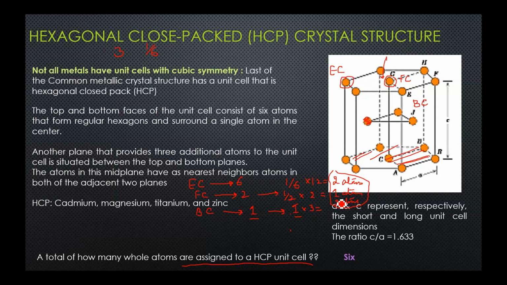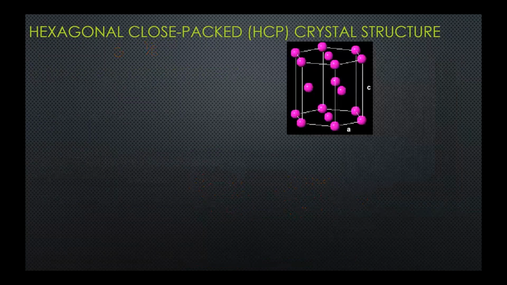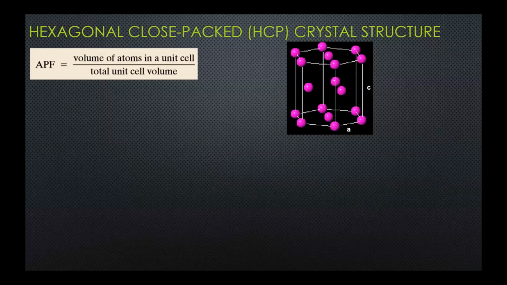All right. Moving on, we have to find out the atomic packing factor for the HCP crystal structure. Atomic packing factor, as I had mentioned earlier, is the volume of atoms in the unit cell divided by the total unit cell volume.